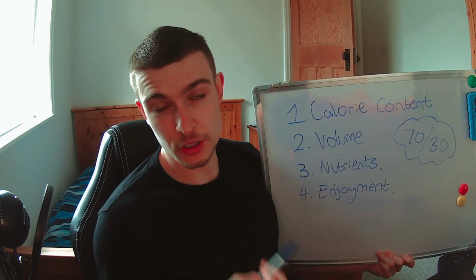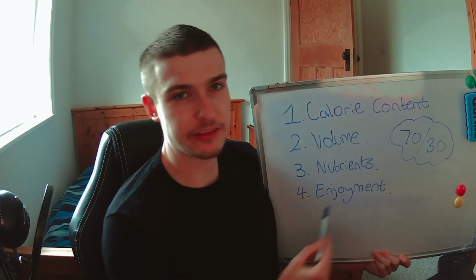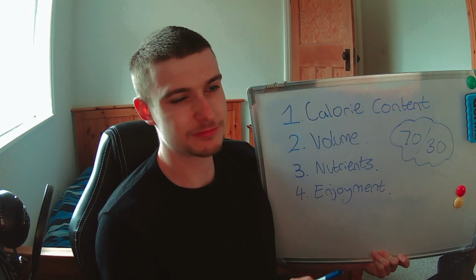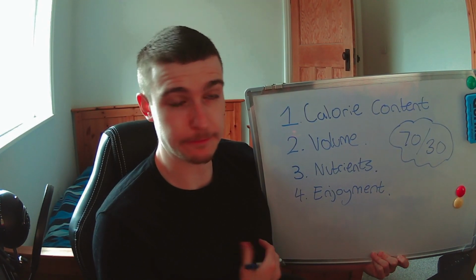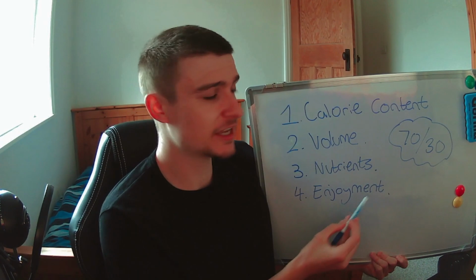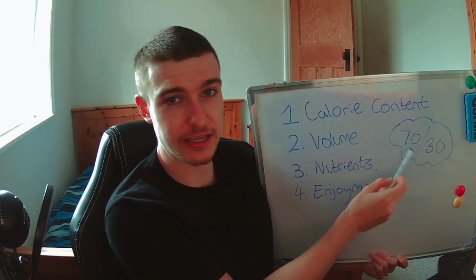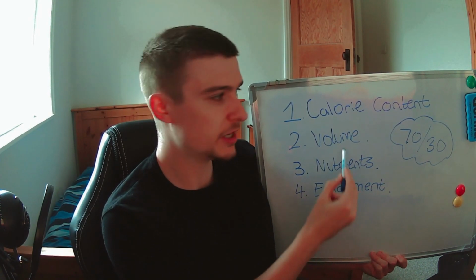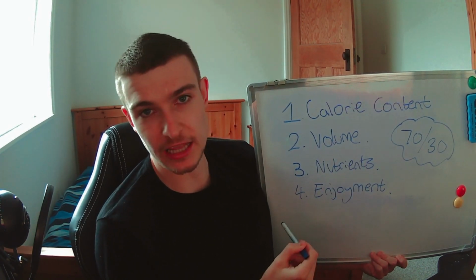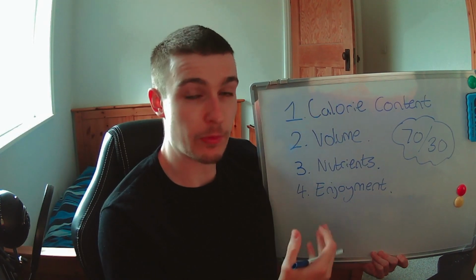A good rule of thumb is the 70-30 idea, or you maybe heard some people say 80-20. Depends how restrictive you want to be. But the 70-30 idea is that 70% of your diet is going to come from what we've spoken about, the more nutritious food, higher volume, less calorie dense items when we're looking at fat loss.